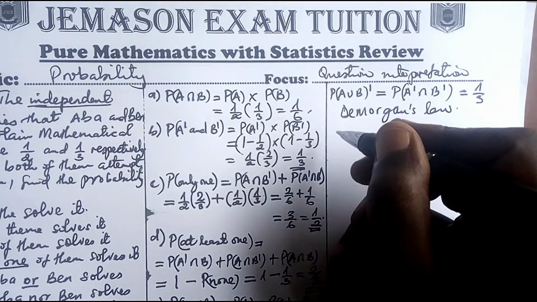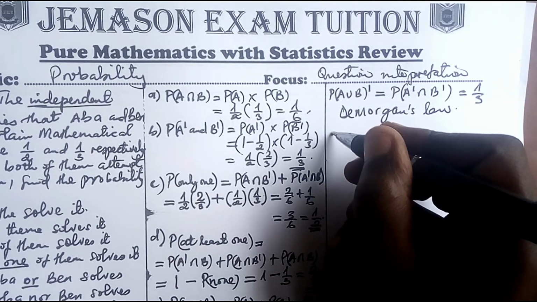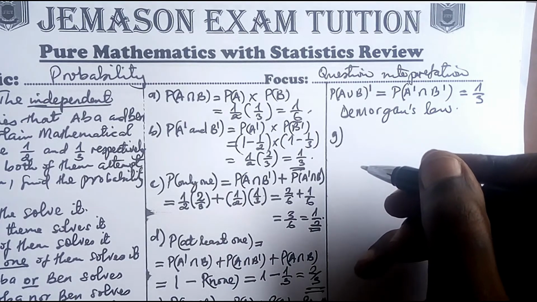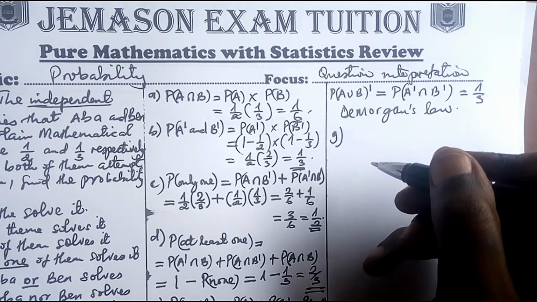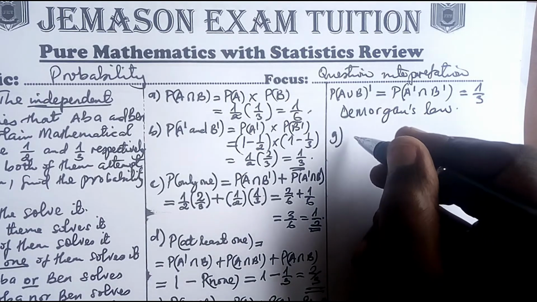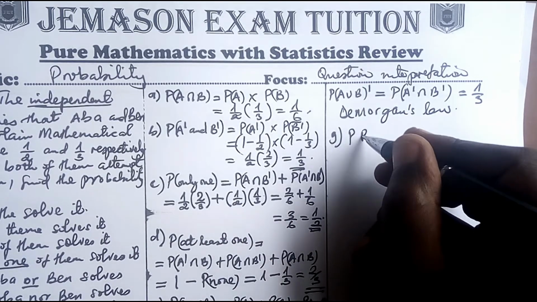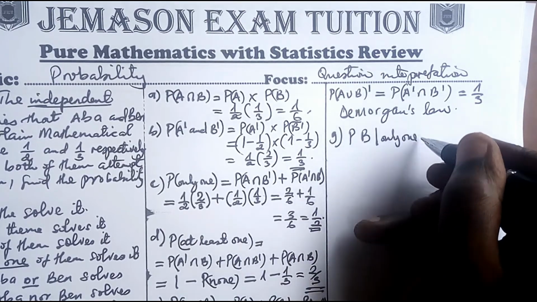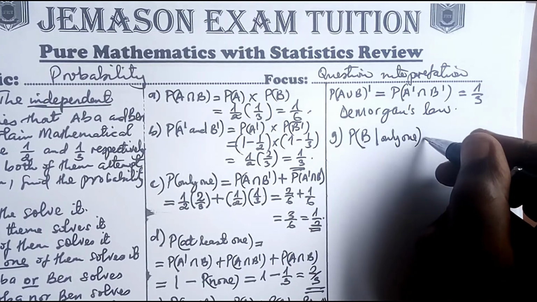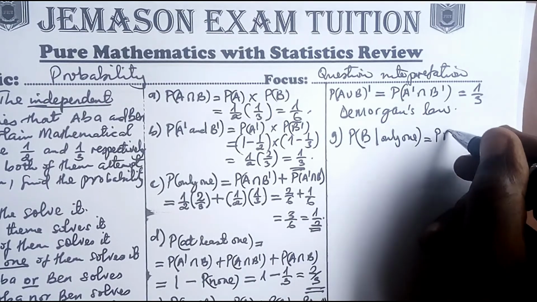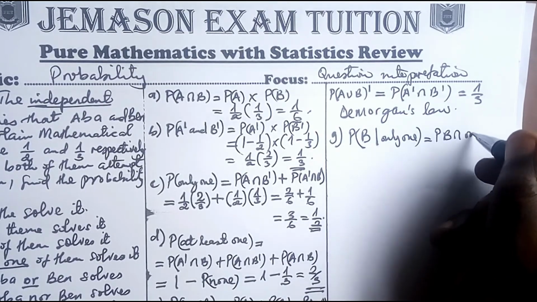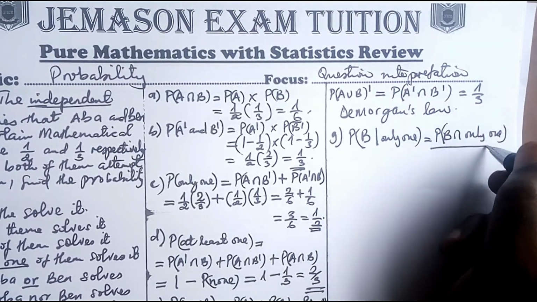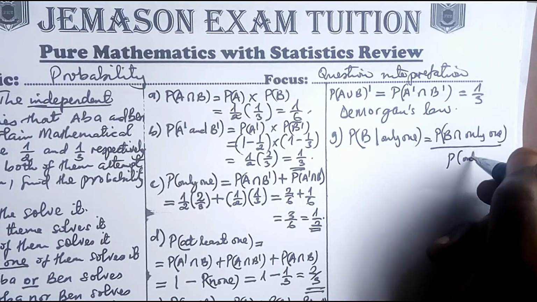And then finally we have G. Given that only one of them solves, find the probability that it was Ben who solves. So it's like saying P of B given only one. That is the same as P of B intersection only one all over P of only one.